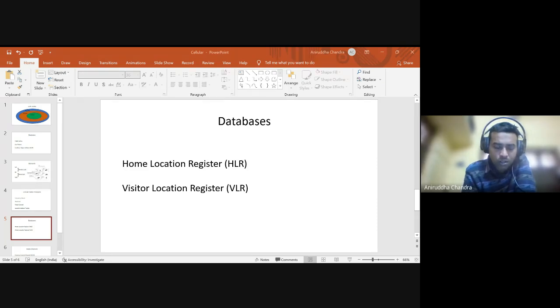This is called location update. So even before a call can come to me, my VLR is transferred to Kerala. So next time when a person is calling me, the Delhi HLR redirects to the Kerala VLR, and then my call gets connected.